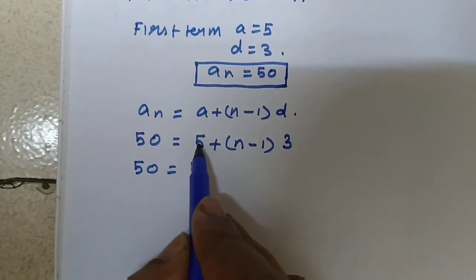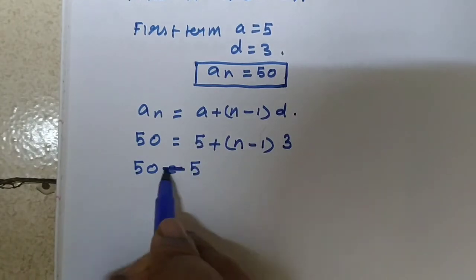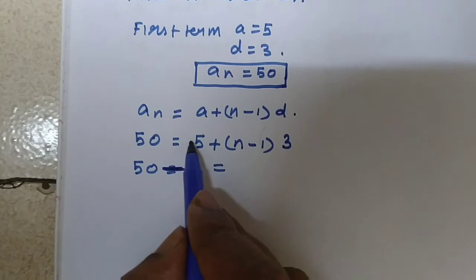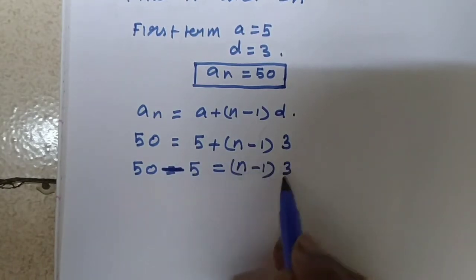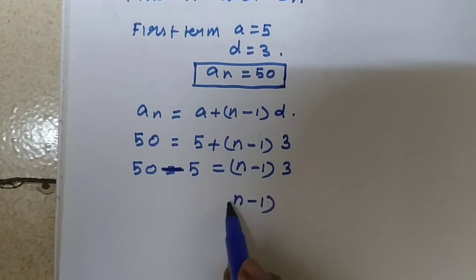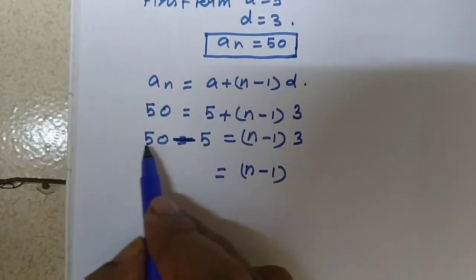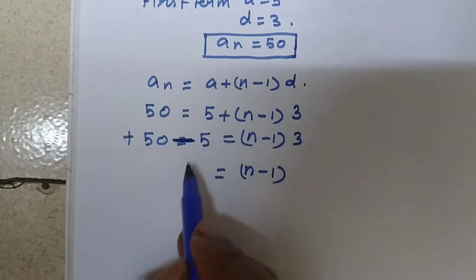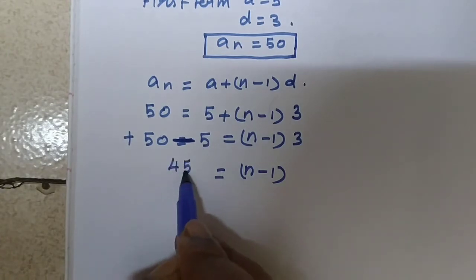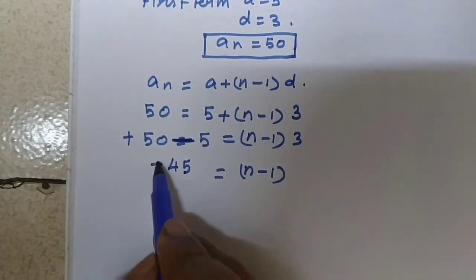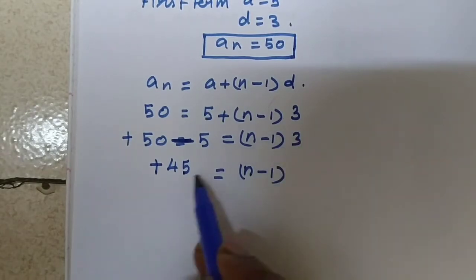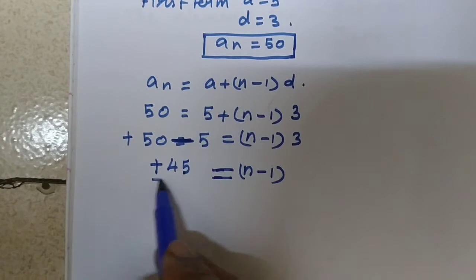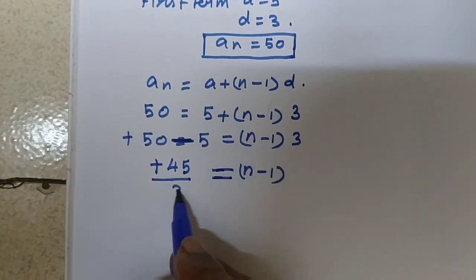taking this 5 to the left hand side of this equation, this plus 5 will become minus 5. Opposite sign, 50 minus 5 is 45. Taking this 3 to the other side of the equation, it will go to the denominator.